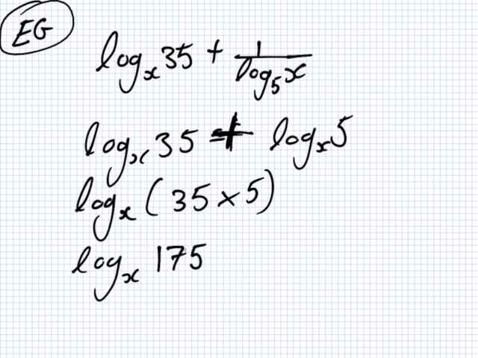Although I can make this a little bit easier, I think, because 35 is 7 times 5 times 5. Well, I don't think that's easier. No, I think log x of 175 is as good as it will get.